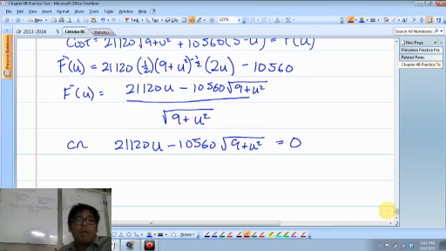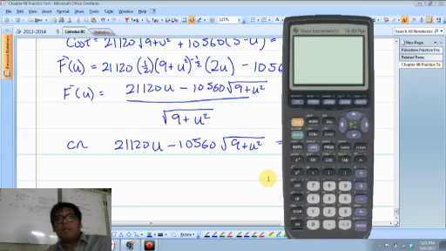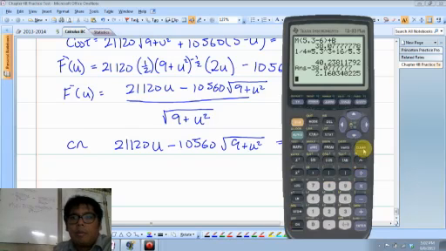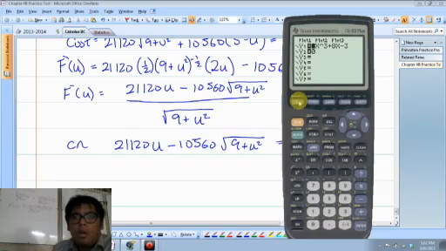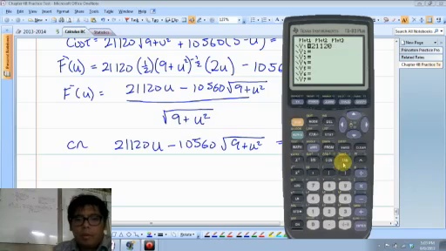And then solve with your calculator. I'll do that real quickly. You can. Okay, so let's clear things out. $21,120 x minus 10,560 square root of 9 plus x squared.